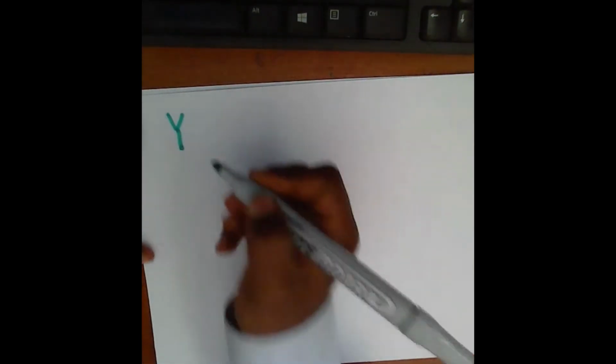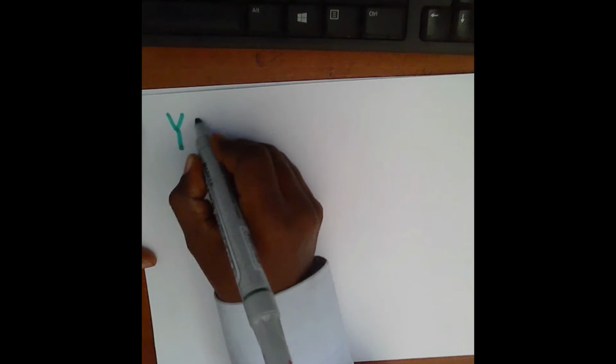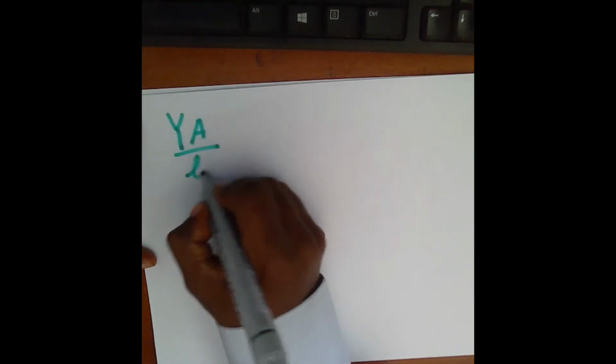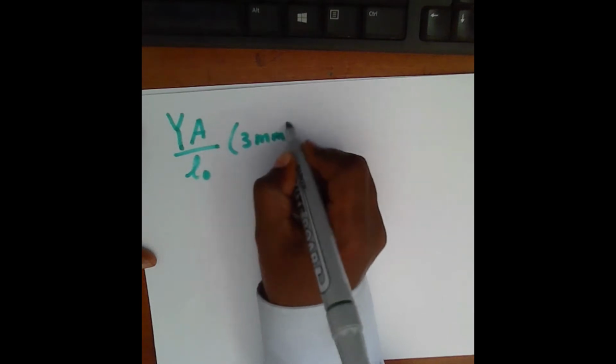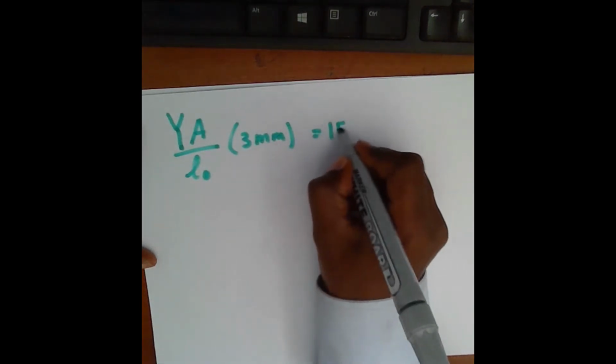So we have Y multiplied by the area over the original length. The change in length in the first case is 3 millimeter, which is equal to 150 Newton.